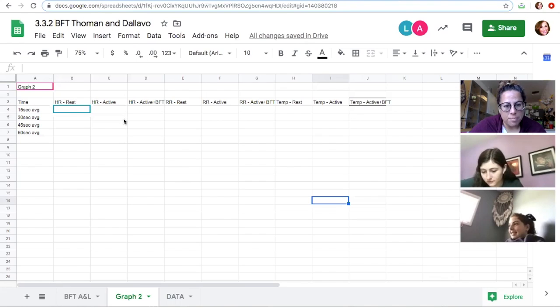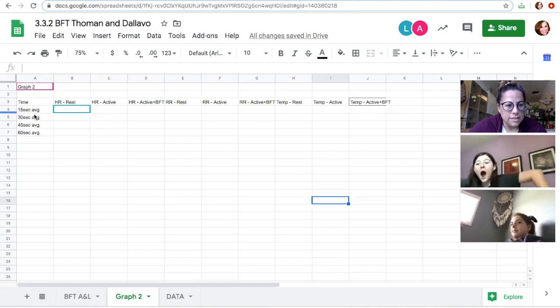Look at how it's set up though, because now it's very similar to the first graph, but it says heart rate at rest, active and active plus BFT, right? Now it says respiration rate, rest, active, active at BFT, and it says temperature, same. We're good?